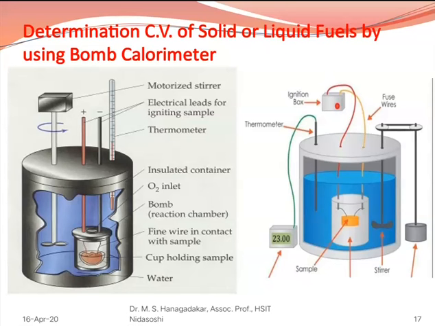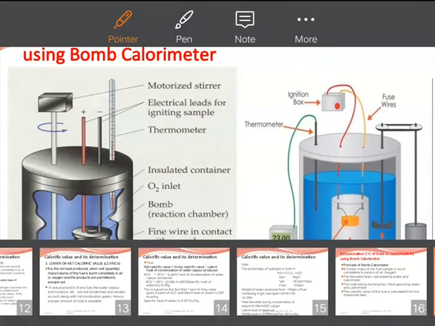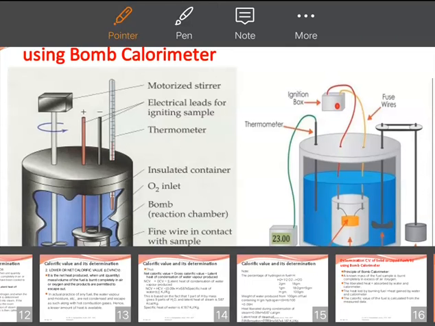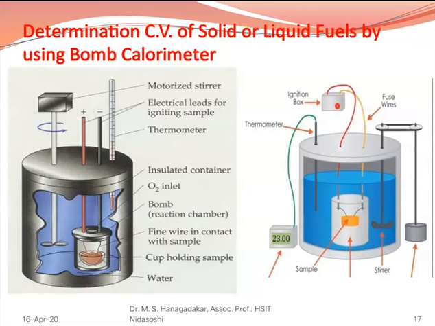The bomb is placed in a copper calorimeter containing a known quantity of water, and it also has two other important components: one is a thermometer named Beckmann's thermometer, and the other is an electrically operated stirrer. So this is the simple setup of the bomb apparatus.